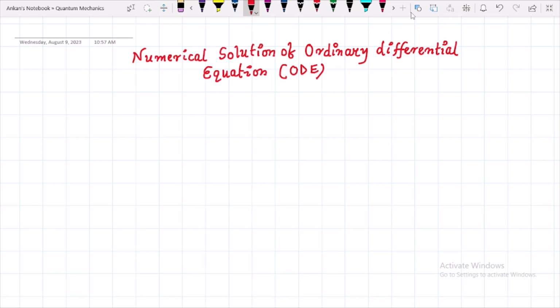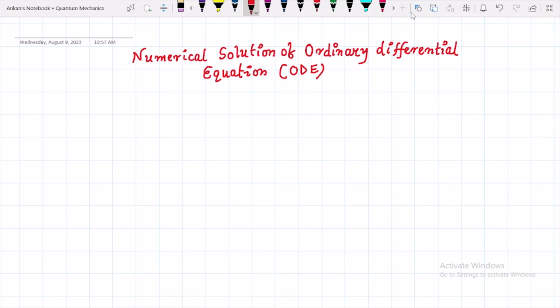All of these were analytical methods which cannot be applied through computer programming, but with a numerical method you can easily run a program to solve the ordinary differential equation where the problem becomes too hard to solve analytically.